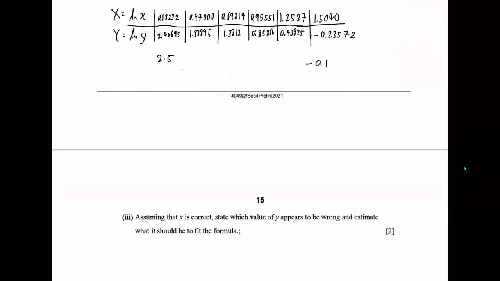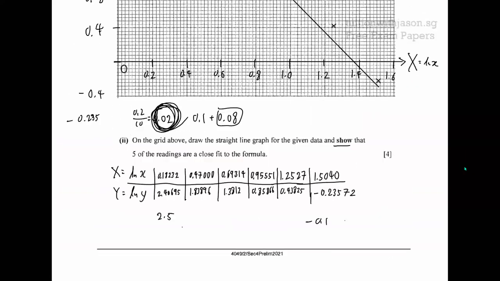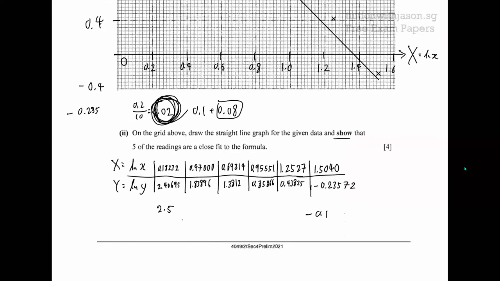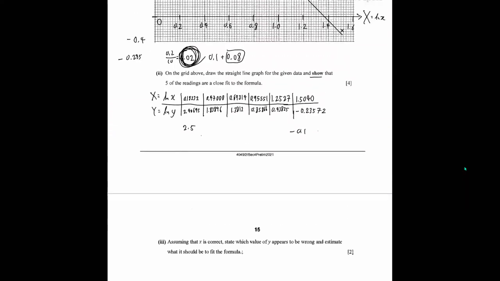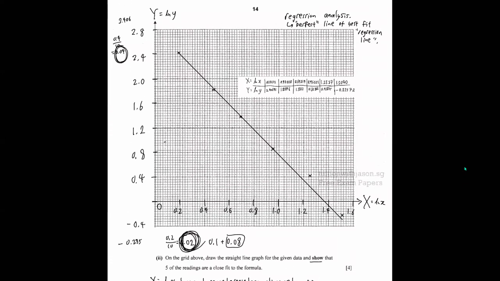Moving on. Any questions so far? No. Just plotting points. Okay. Moving on. So part 3: assuming that x is correct, state which value of y appears to be wrong and estimate where it should be to fit the formula. Part 3, which value of y appears to be wrong? You already answered me. The one that is a bit further away, this guy.